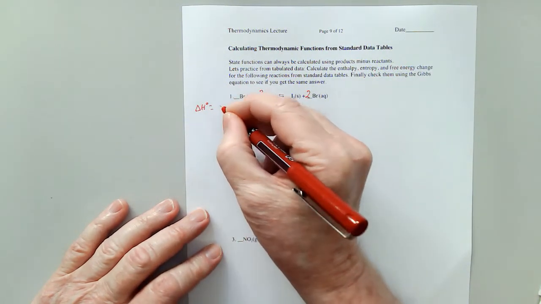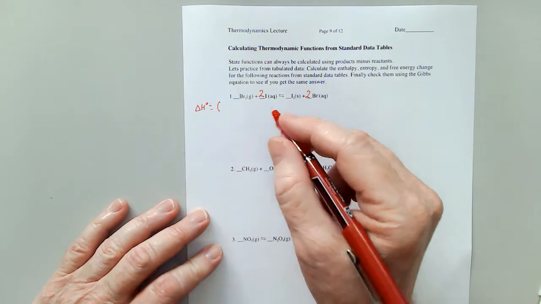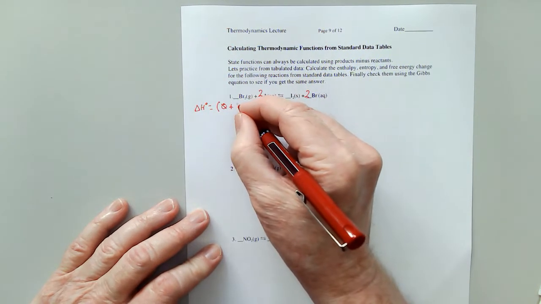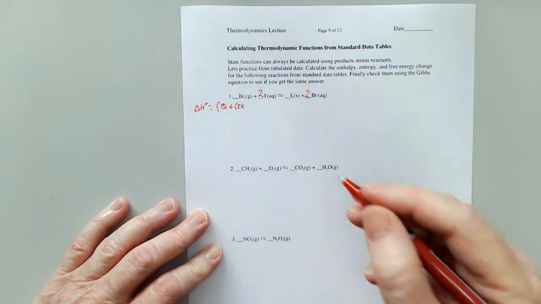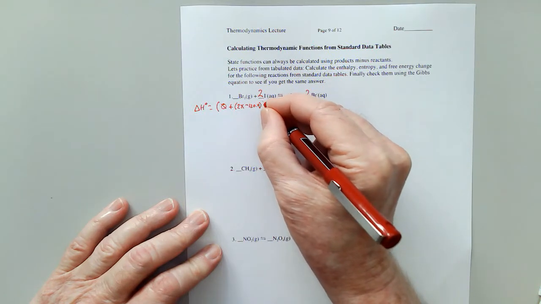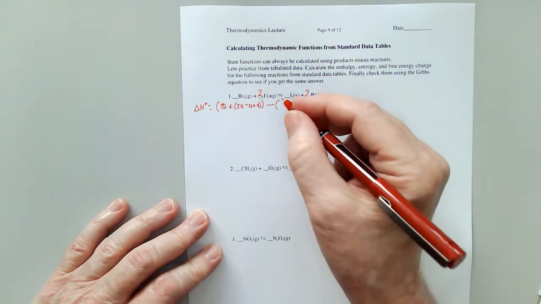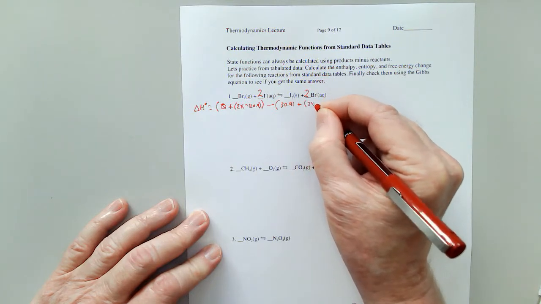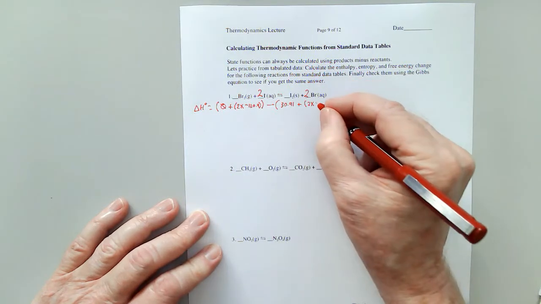Delta H naught equals. So I need the value for I2 solid. Well, the value for I2 solid is 0 plus 2 times the value for Br minus, which is negative 120.9, minus the value for Br2 gas, which is 30.91, plus 2 times the value for I minus, which is negative 55.94.